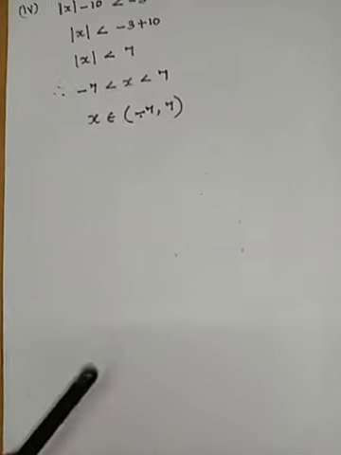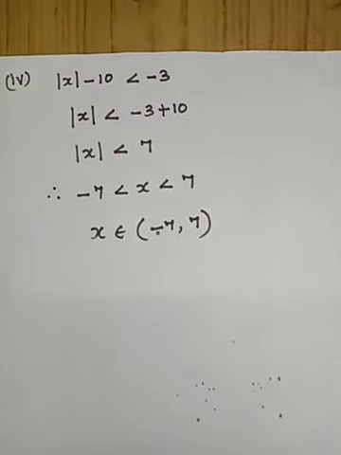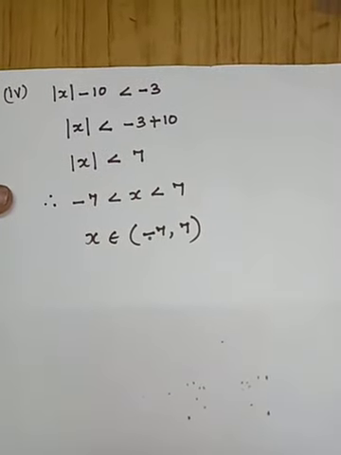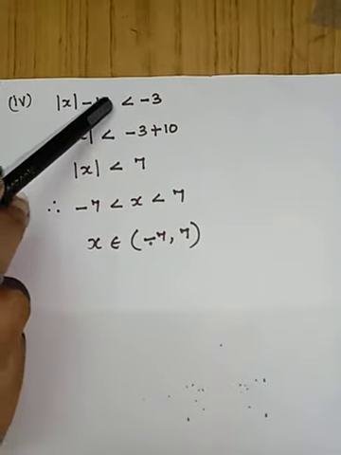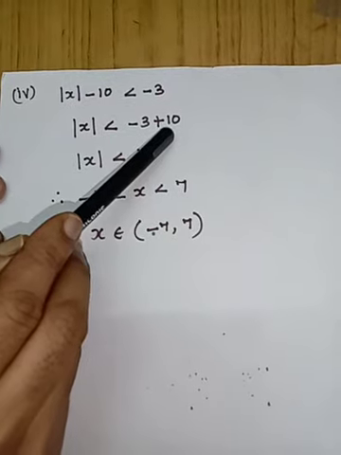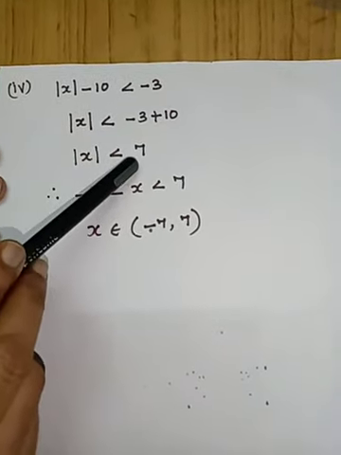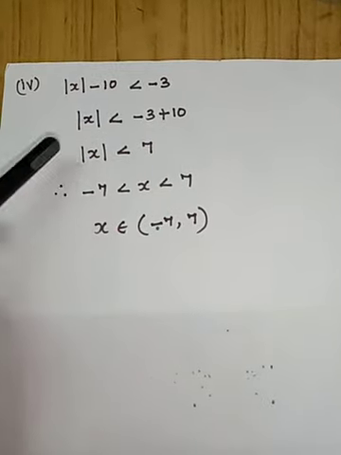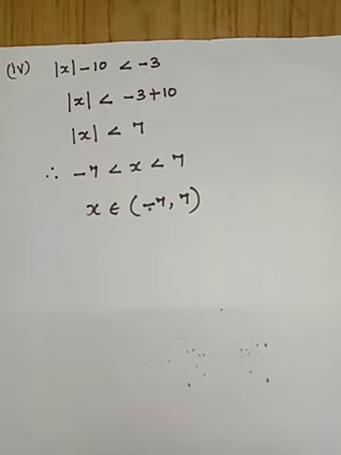Okay, come to the fourth subdivision. Modulus of x minus 10 less than minus 3. You see the right side you are having negative. But here you are having minus 10. It's a number, so we have to bring it to the right side. It will become plus 10. What is minus 3 plus 10? It is 7. So now the right side number is, what is it? Positive. How does it look? It looks like modulus of x less than r.